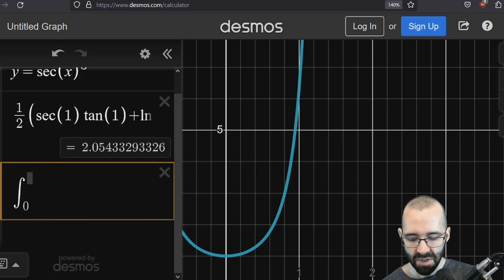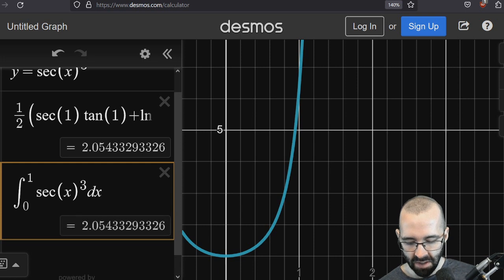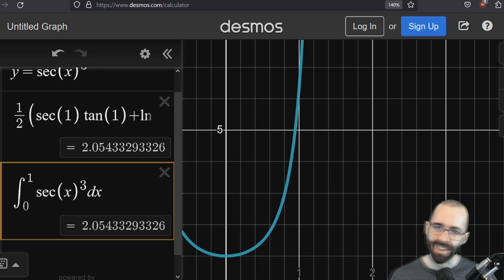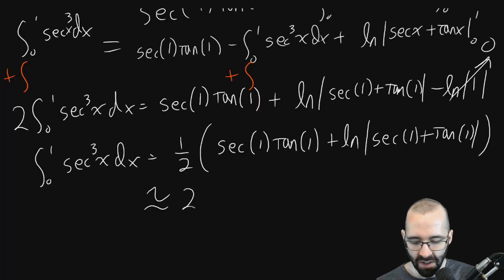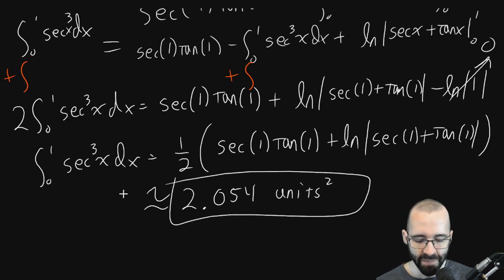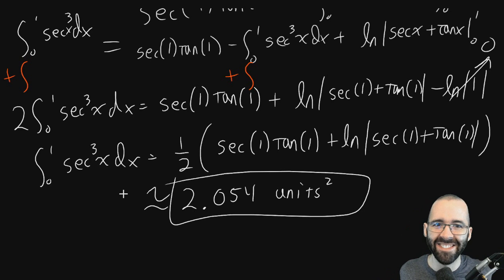Is that the integral from 0 to 1 of secant of x cubed? Whoa! Not that I'm surprised, of course. It's the right answer. It's about 2.054. And we're asking about area. So units squared. There it is.